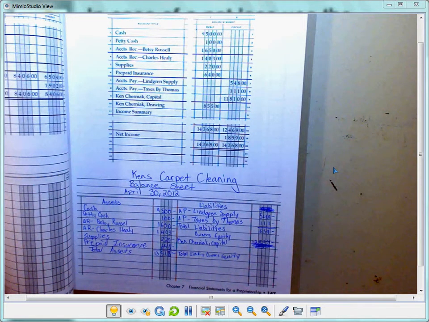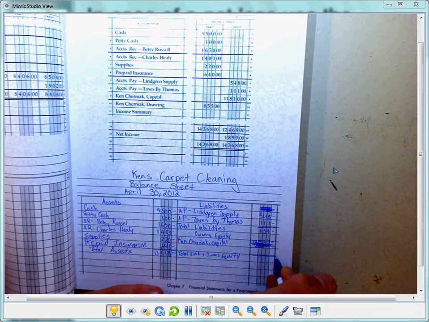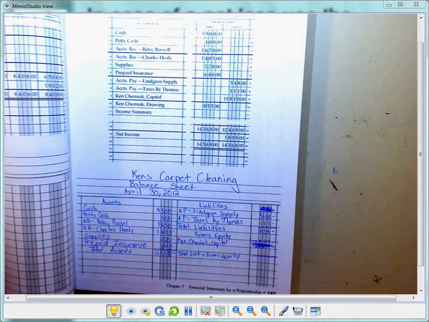Above where we're going to write that amount, just draw a single rule right there. For our amount, we take our capital we just calculated, add it to our liabilities.